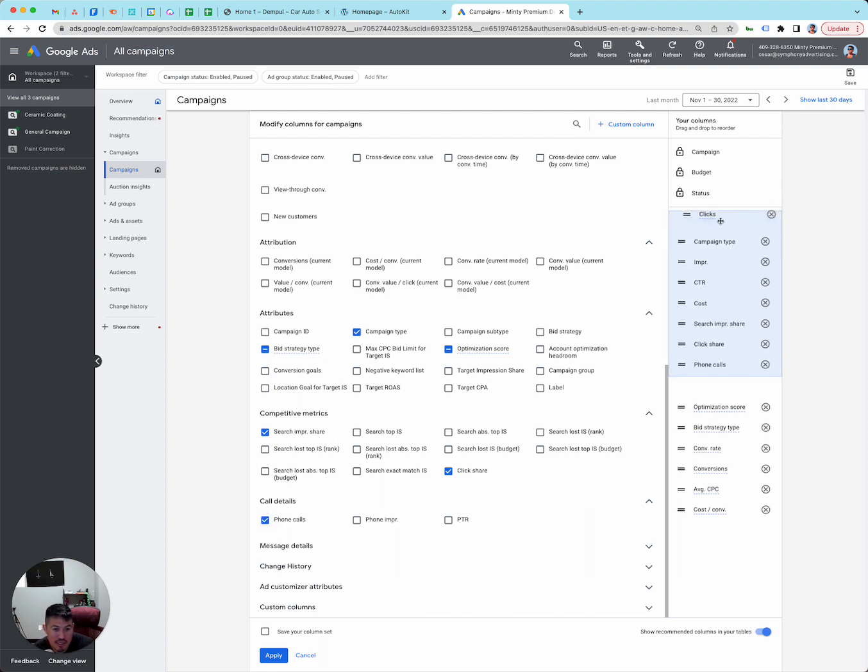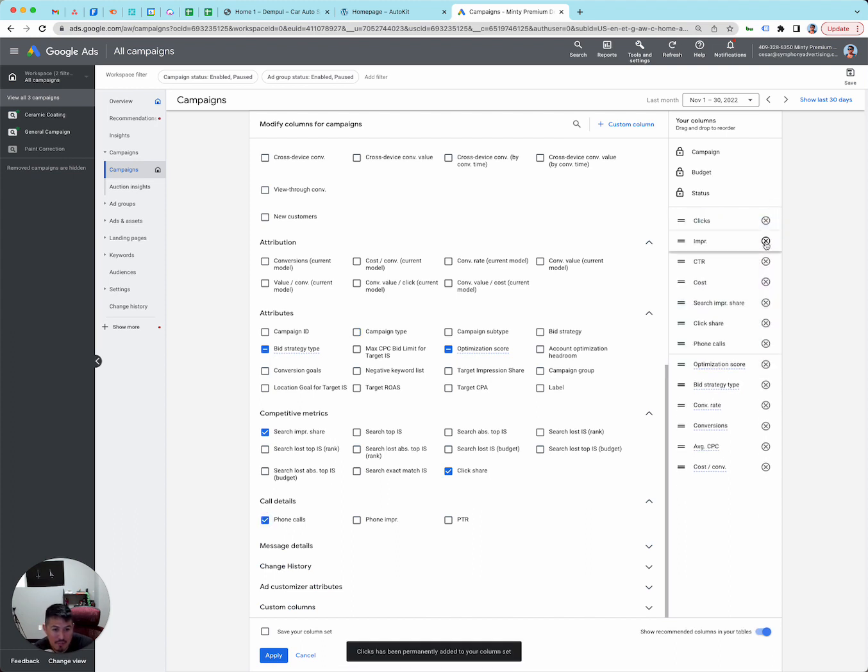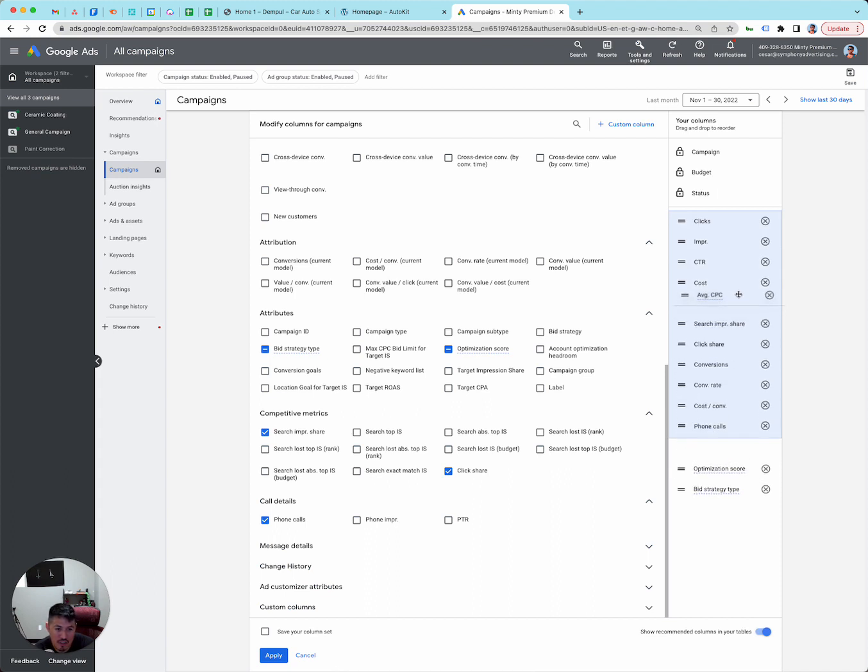So we're going to do clicks. I don't know why we care about campaign type. Clicks, impressions, click-through rate, cost, search impression, click share, phone calls, conversions, conversion rate. Oh, I guess it's going to just stay up here. Conversion rate, cost per conversion, phone call, average CPC, sure. All right, we're going to apply.